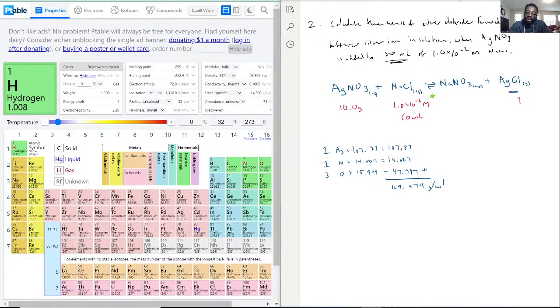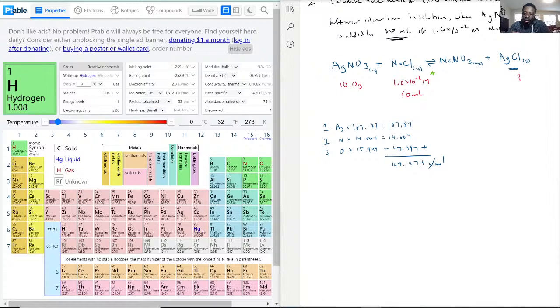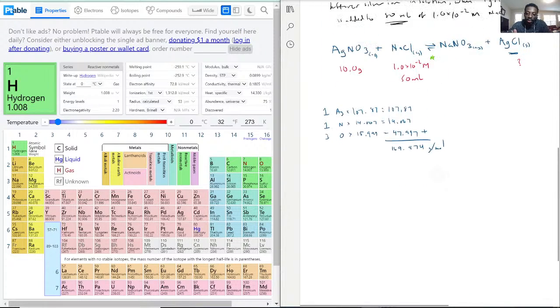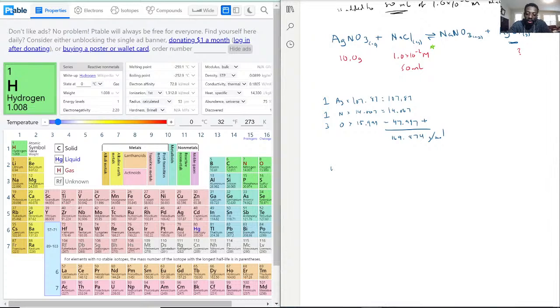They want to convert that silver nitrate from mass in grams to moles. So what we do is we have 10 grams, okay. And because we want to get rid of grams, we put the 169.874 in the denominator, so these two cancel out.